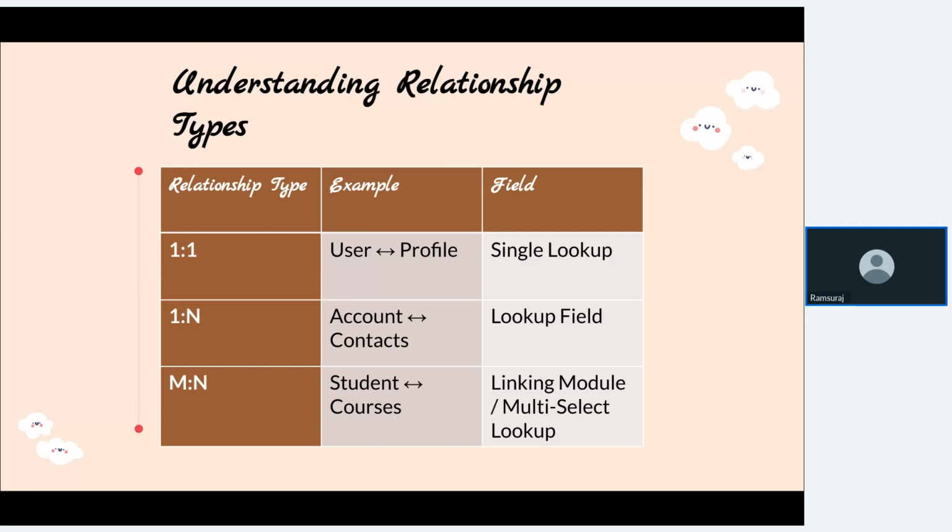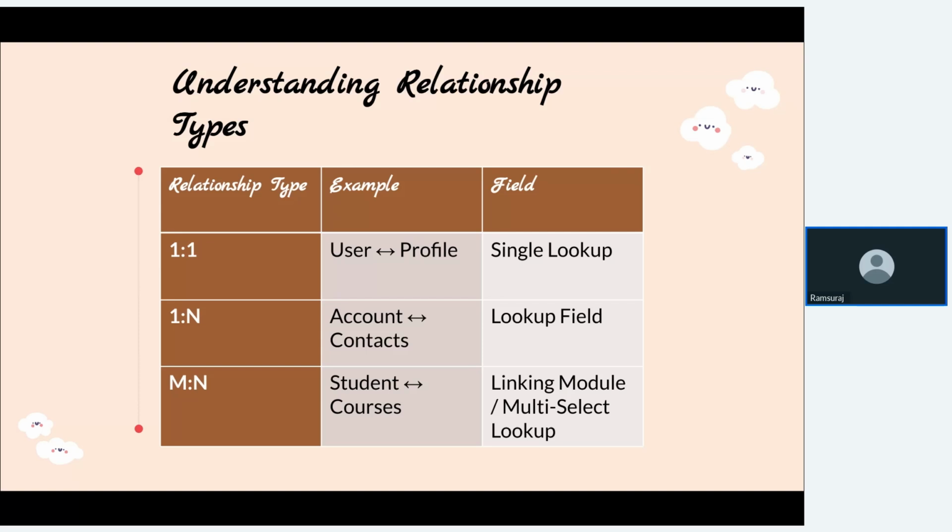So it creates a one-to-many relationship, where you have one account and many contacts. That's an example of a one-to-many relationship, right? From the account side, you can view all the linked contacts in the related list, right?